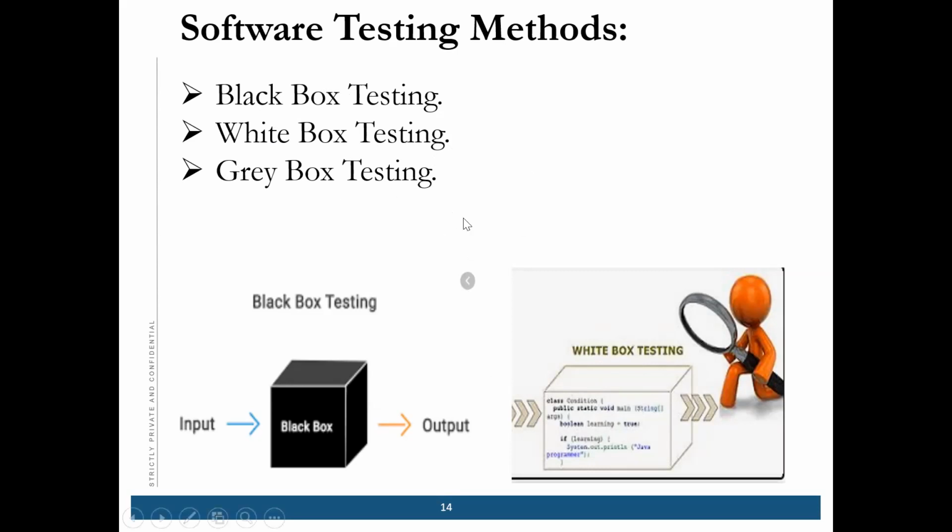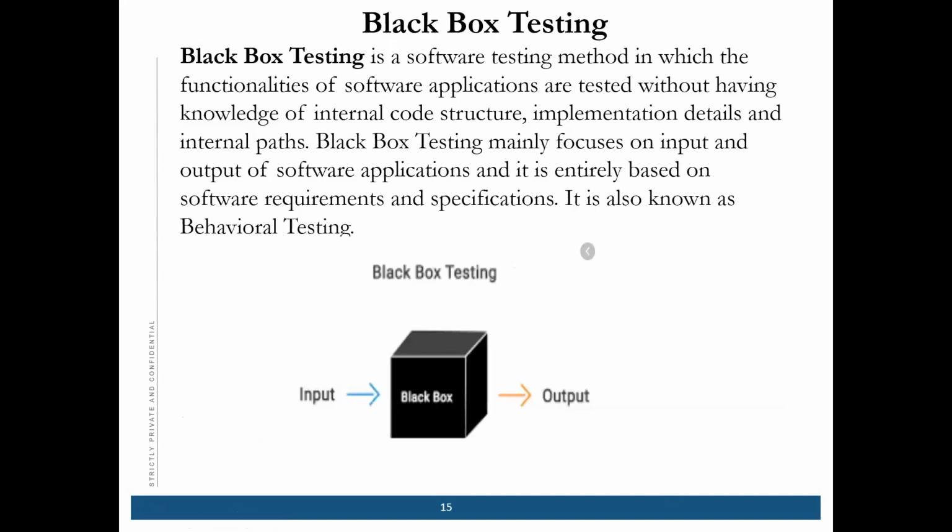And what is gray box testing? A combination of the two. Correct. A combination of white box testing and black box testing is called gray box testing. Very good. So this is black box testing. You can read it and understand it.